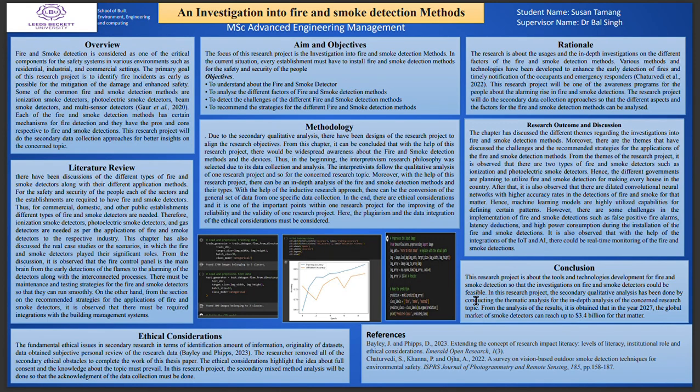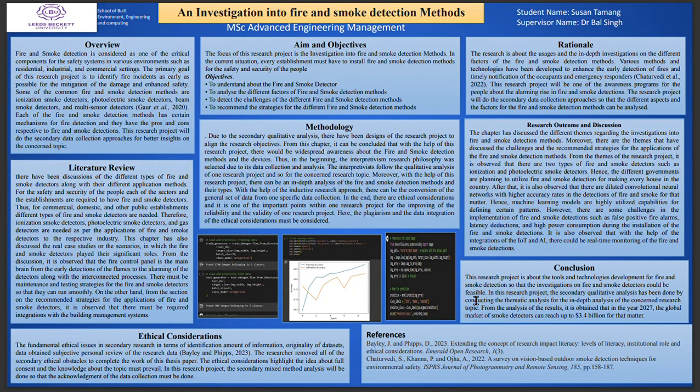I would like to move to the research outcome and discussions about this research. There are the themes that I have discussed: the challenges and the recommended strategies for the applications of fire and smoke detection methods. From the themes of the research project, it is observed that there are two types of fire and smoke detectors, such as ionization and photoelectric smoke detectors.